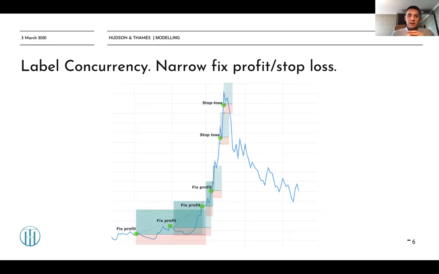But now let's take a look at much wider fixed profit and stop loss levels. So let's use much wider horizontal barriers, meaning that we used a bigger volatility multiplier to set them up. And now what we can see is that labels start to overlap. What does it mean? Let's take a look, for example, at the first label. Here it was generated and we set up both fixed profit and stop loss levels, and we understood its value only by this time period.